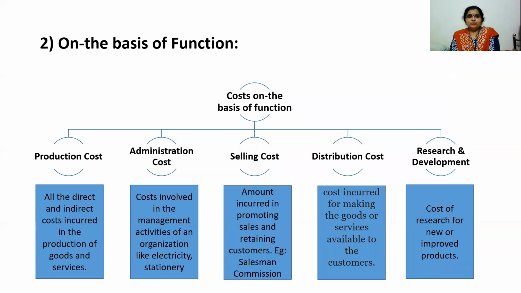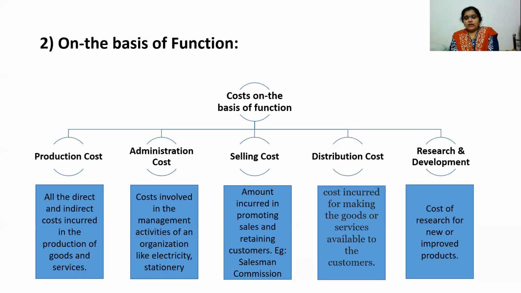Then we need to move towards the cost classification on the basis of functions. On the basis of functions, we come across production or manufacturing cost, administration cost, selling cost, distribution cost and research and development cost.